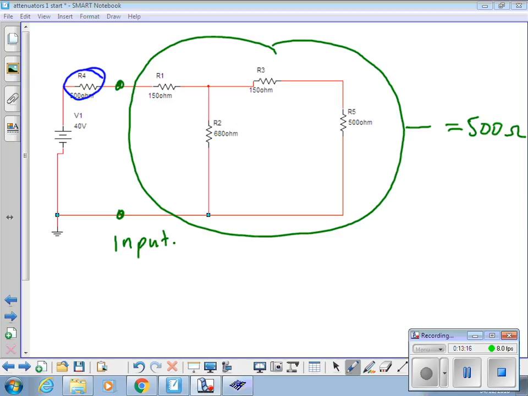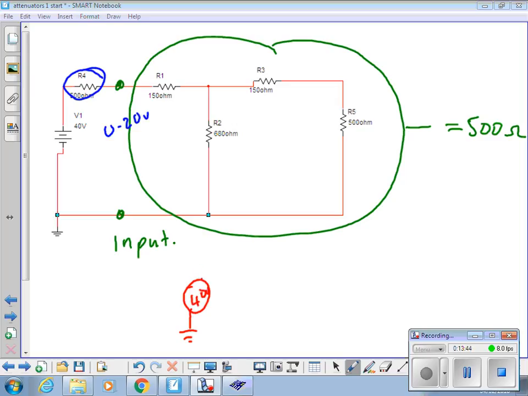Designed to give you 0 to 20 volts at these terminals. As soon as current flows through that resistor, you're going to get a volt drop across it. You're going to lose some of that voltage. So effectively, we could redraw this circuit. We could simplify it into this.